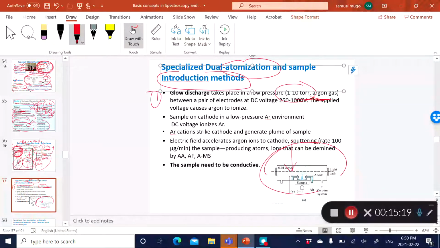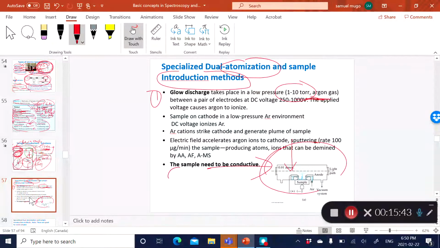Now, if you've got this sample on a cathode, you can simply short circuit it. The cathode is negatively charged, and then you've got an anode, which is positively charged. If you momentarily bring the two electrodes into contact, essentially you'll be short circuiting the system.